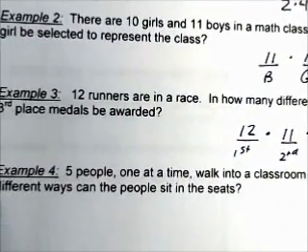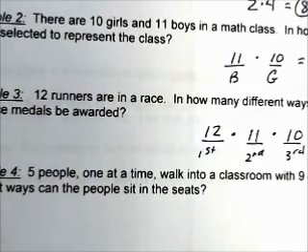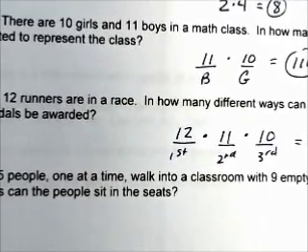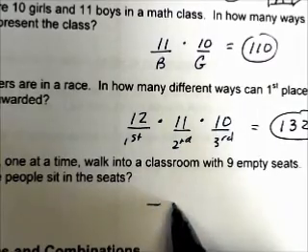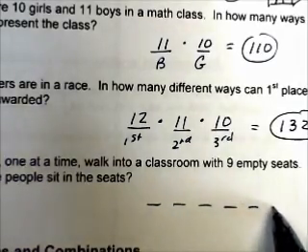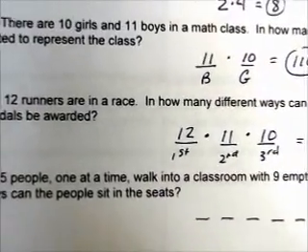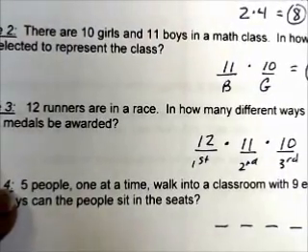And our last example, 5 people one at a time walk into a classroom with 9 empty seats. How many different ways can the people sit in the seats? Okay, we've got 9 empty seats. 1, 2, 3, 4, 5, 6, 7, 8, 9. We only have 5 people, so one at a time they come in and sit down in a seat.